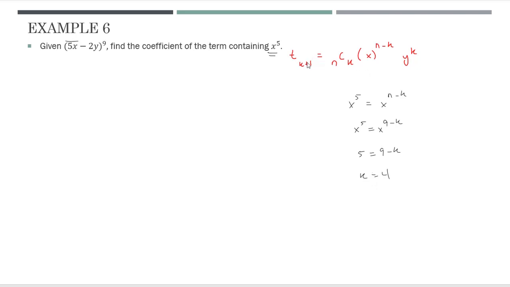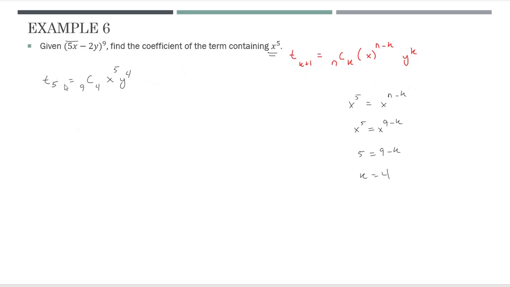If we go back to our formula, it says the term number is k plus 1, meaning we're actually in term 5. Okay, so don't make that mistake. Now for here then, we've got n choose k, so our n is 9, choose the k we said was 4, and then x, well we already know that's 5, and then our y value is our k, which is 4.